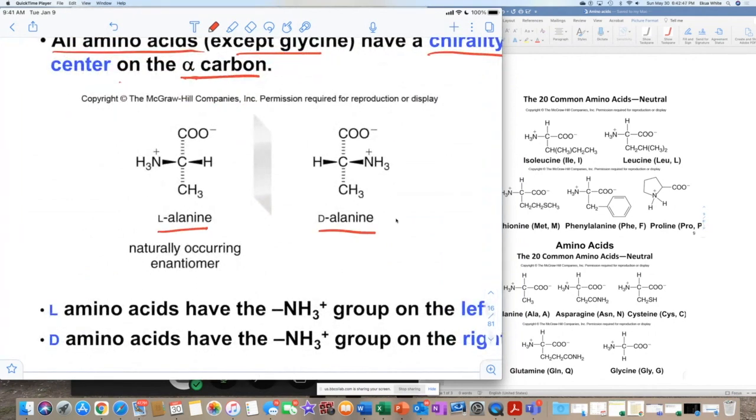While we're here, we're being told about L amino acids. In this case, please notice this carbon here is our chiral carbon. On our chiral carbon, we have the amino group attached to the left of that chiral carbon. If the amino group is attached to the left, this is called L, like we saw before. L stands for levorotatory, and D stands for dextrorotatory.